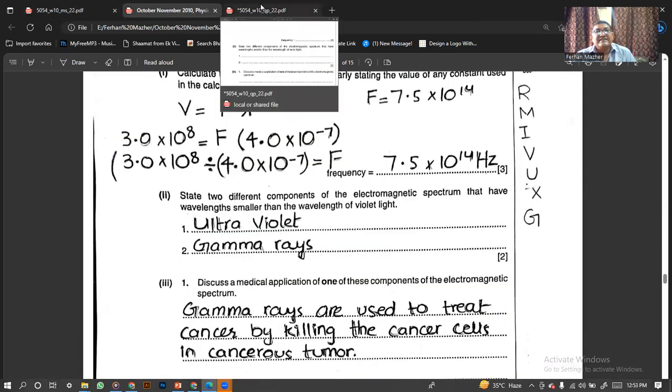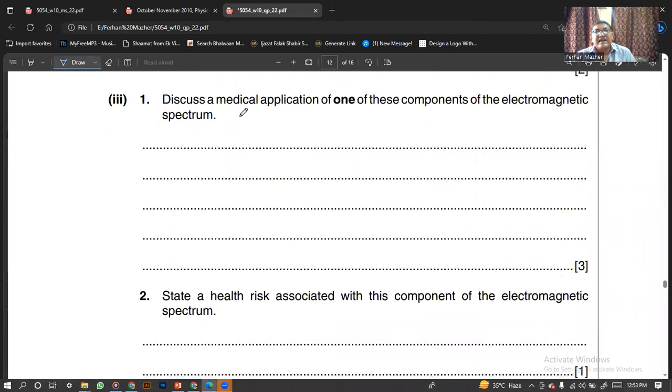Okay, then he says, discuss a medical application of one of these components of the electromagnetic spectrum. You see, UV light is used to kill germs. And X-rays are used in the imaging of the bones.